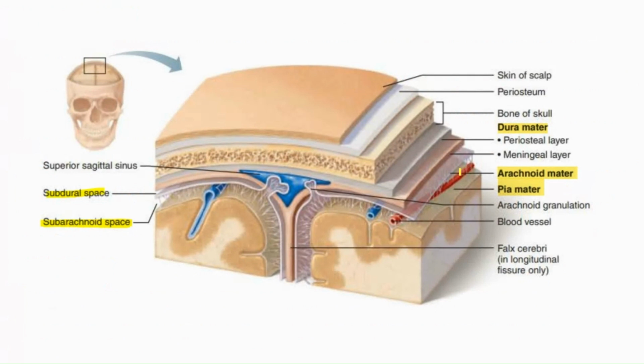See here, in this space, we have the CSF, cerebrospinal fluid, and these blood vessels, which are very important. Because it is not a tough layer, these blood vessels are liable to be injured. Sometimes injury happens, and hemorrhage occurs within this space, leading to subarachnoid hemorrhage, which is a life-threatening condition.